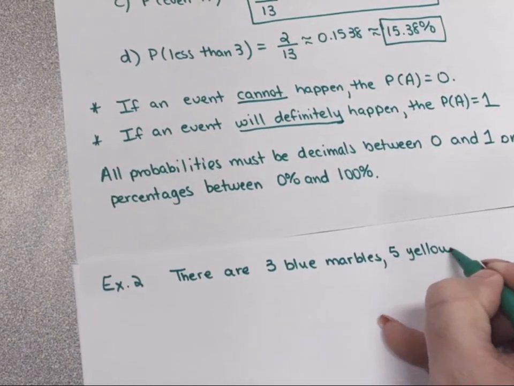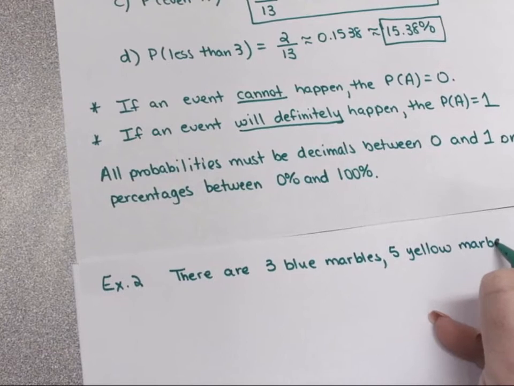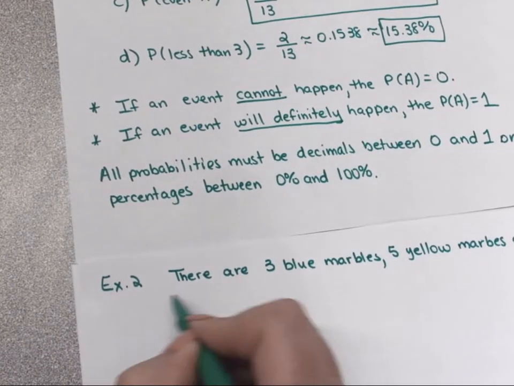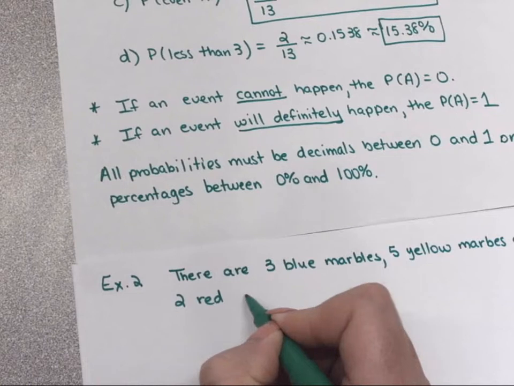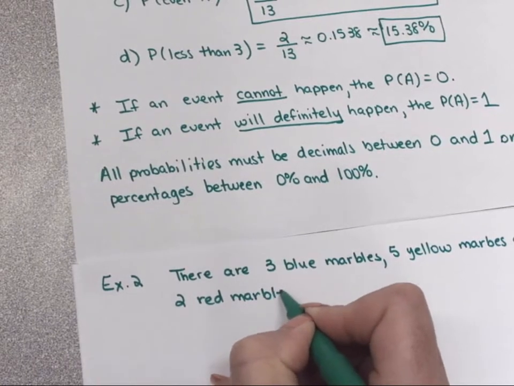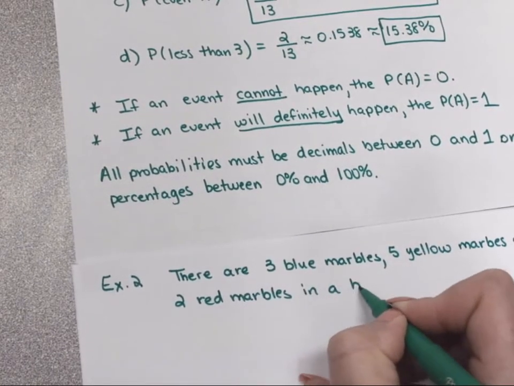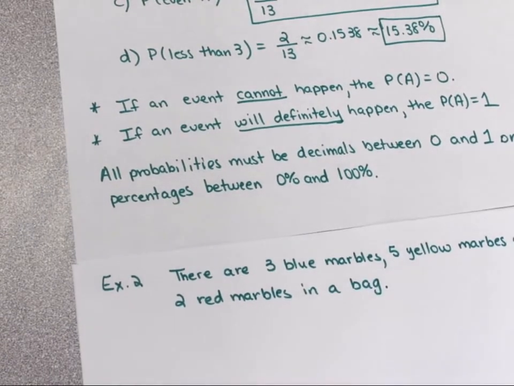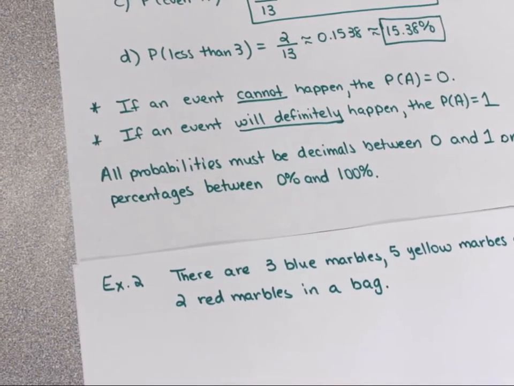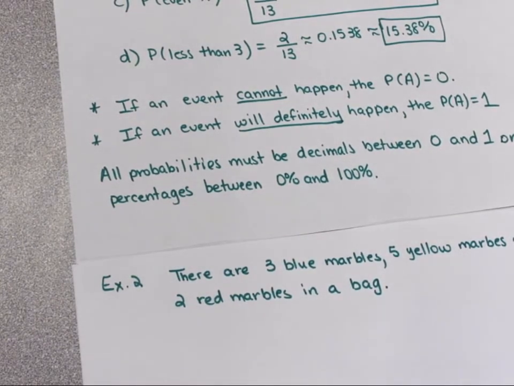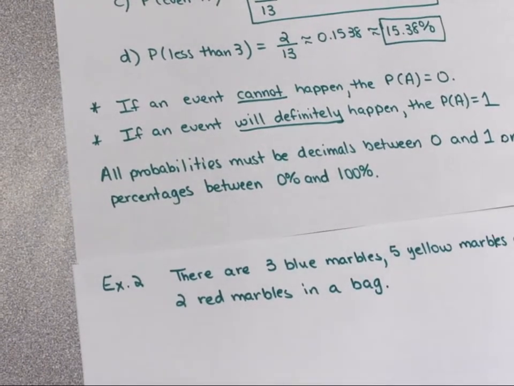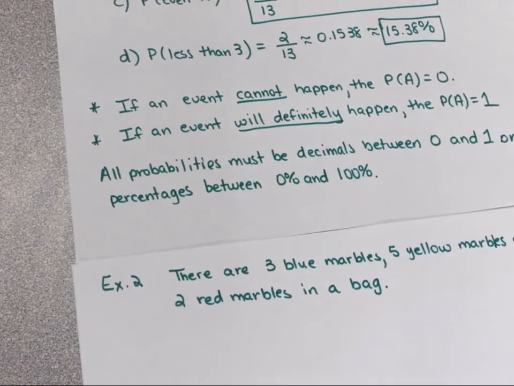The reason this type of problem is brought up a lot in probability basics is because you don't really have to have any background to understand items being drawn out of a bag of a total number of items. A lot of times on standardized tests, they'll use marbles, but honestly, the item is not important. The probability notation is what's important. So there are 3 blue marbles, 5 yellow marbles, and 2 red marbles in a bag.